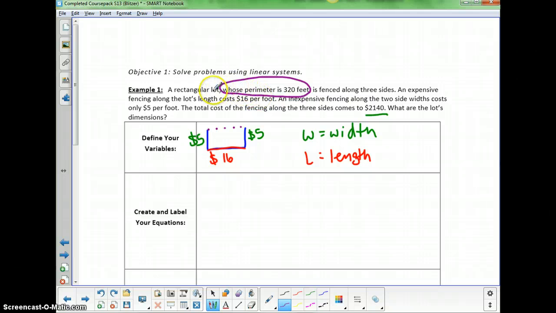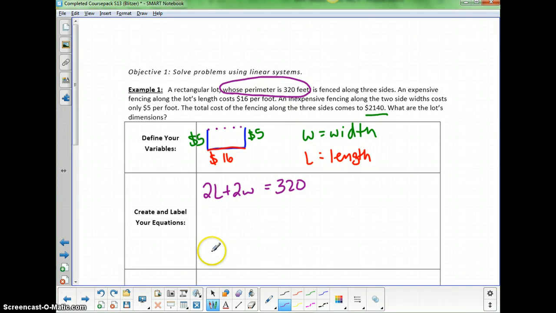They might have said the distance around the fence was 320, for example. But the word perimeter is talking about the full figure. That's the definition of perimeter. So we have 2L + 2W = 320. There are 2 lengths and 2 widths; add up all the sides for the perimeter.